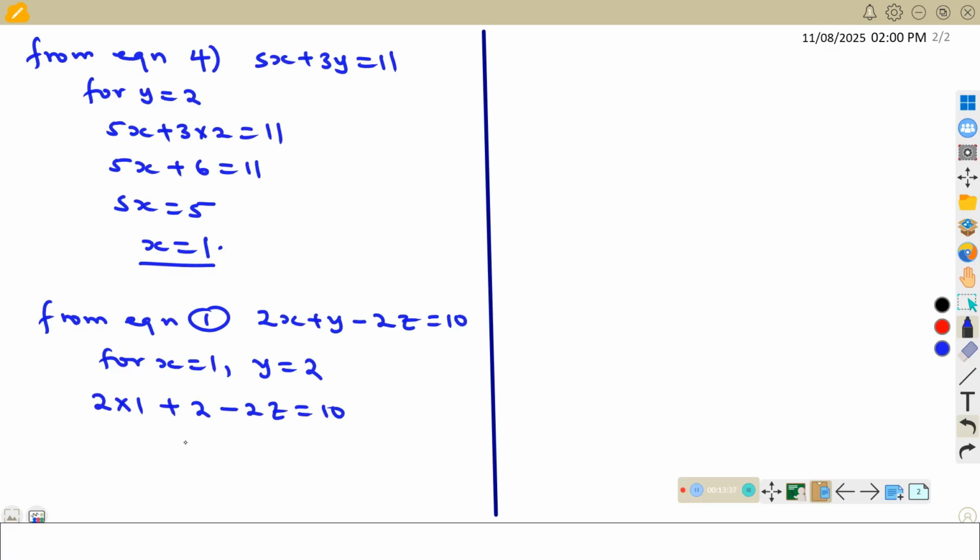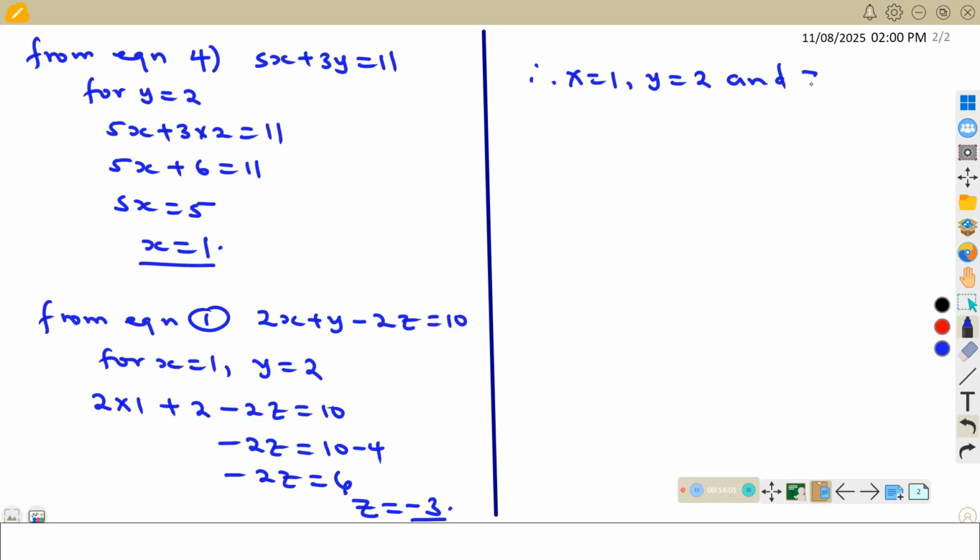So this is 4 minus 2z. So minus 2z is equal to 10 minus 4. Minus 2z is equal to 6. So z will be negative 3. So clearly we have got the values for x as 1, y as 2, and z as negative 3.